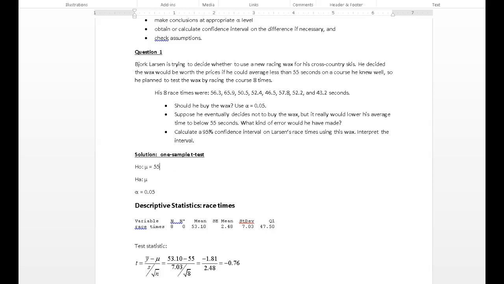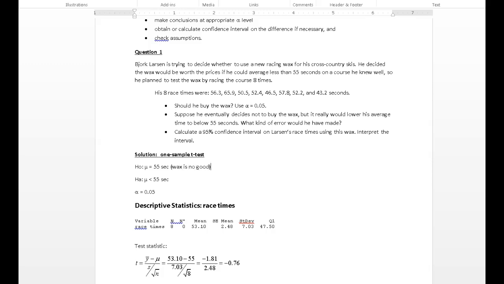Now, my null hypothesis is that the average time it takes him to race this course is 55 seconds. What we really want to know is, does it take him less than 55 seconds? So if it turns out to be this one up here, then the time it takes him is not low enough, and in this case, I would conclude my wax is no good.